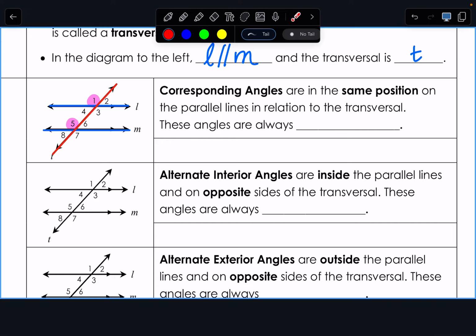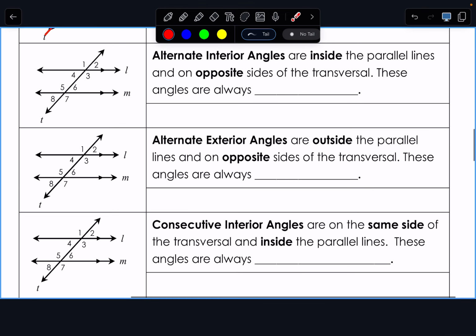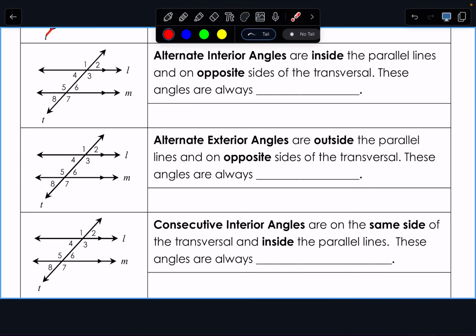Okay. All right. Alternate interior angles. So the word alternate means what? It means that the angles alternate. So basically it's like the opposite of corresponding. Okay, so if we're alternating, are we going to be right next to each other? Okay, we're not right next to each other.